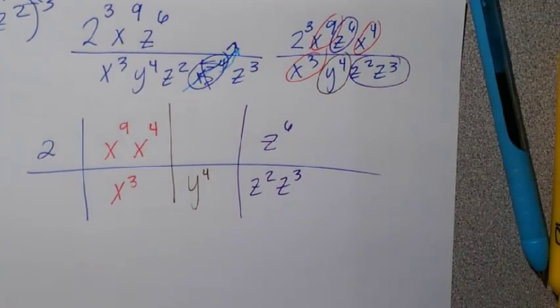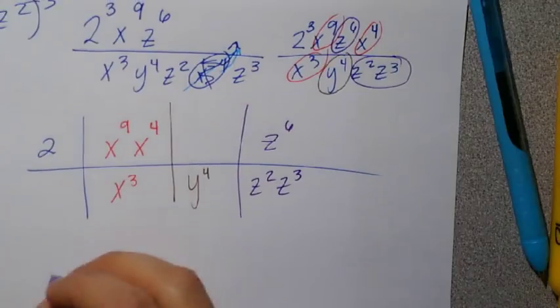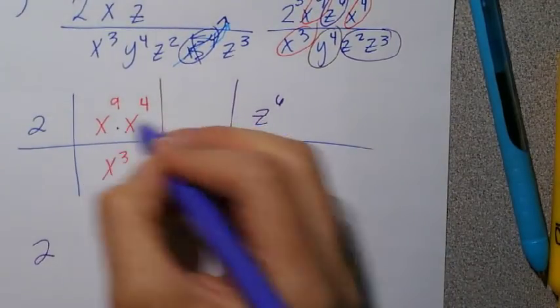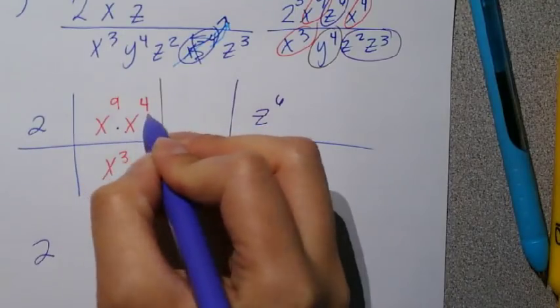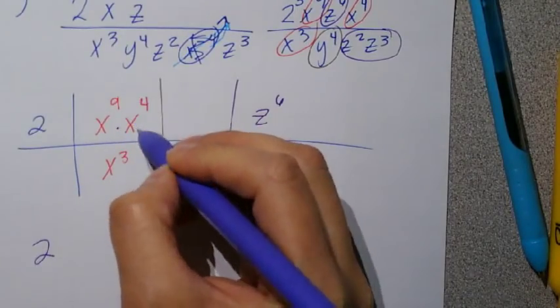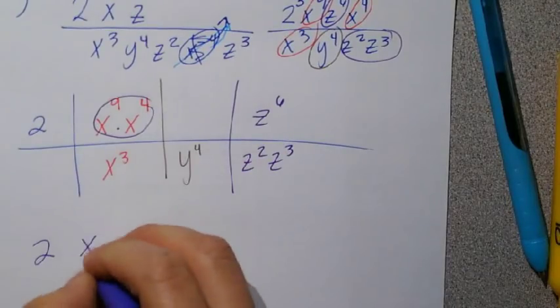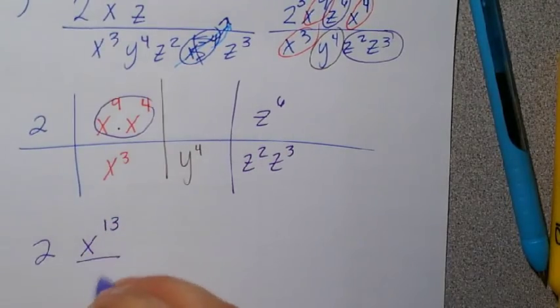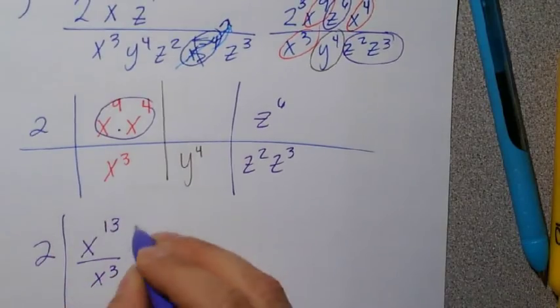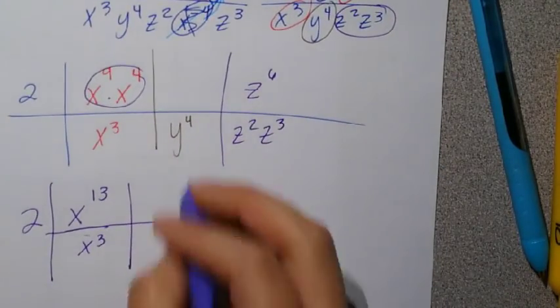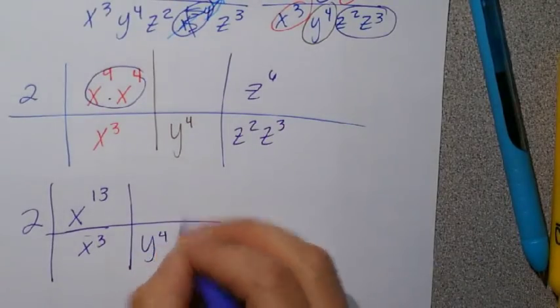Okay? From there I'm going to simplify. So the 2 is still a 2. These, remember, we can combine together over here, so x to the 9th and x to the 4th. This becomes x to the 13th over x to the 3rd. So I still need to do more simplification on the x. I still have y to the 4th, so it just stays.